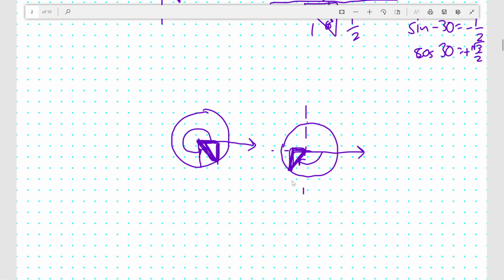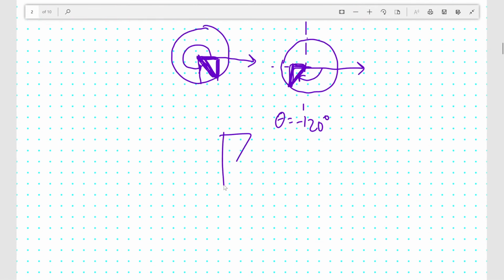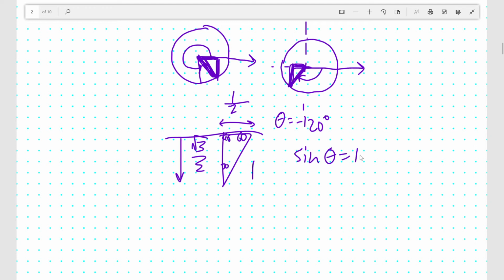And for example, if our theta is negative 120 and you wanted to work out sine and cosine of negative 120, you just take this triangle here, where this is the cosine and it's 1/2 because it's a 90, 60, 30 triangle, where the hypotenuse is 1, that's 1/2, and that's √3/2. And since this is below the x-axis, the √3/2 is negative, and so sine theta is negative √3/2 and cosine theta would be negative 1/2, and so on and so on.